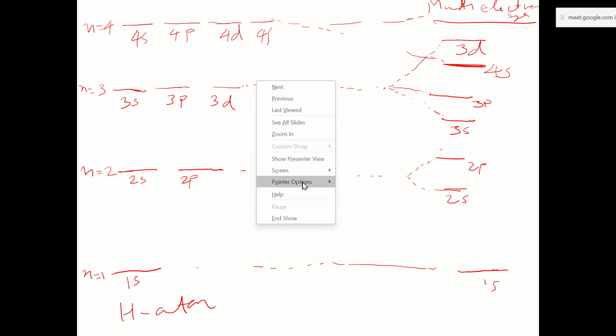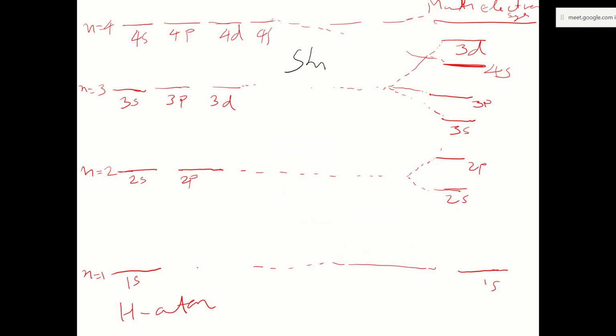What has happened here is that there is staggering of energy levels, and this has happened due to the shielding and penetration.